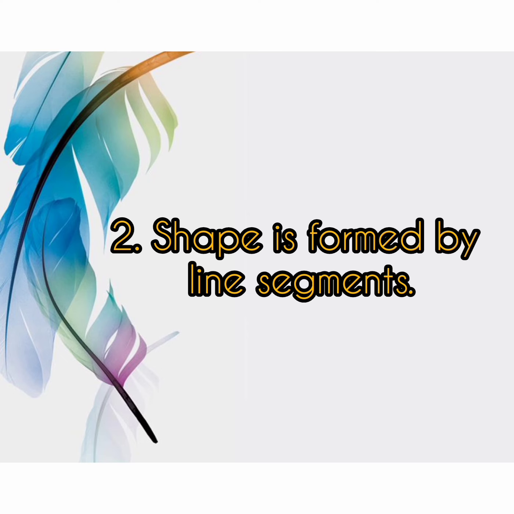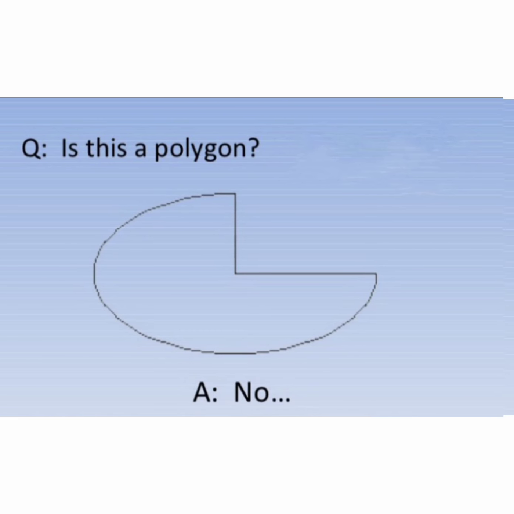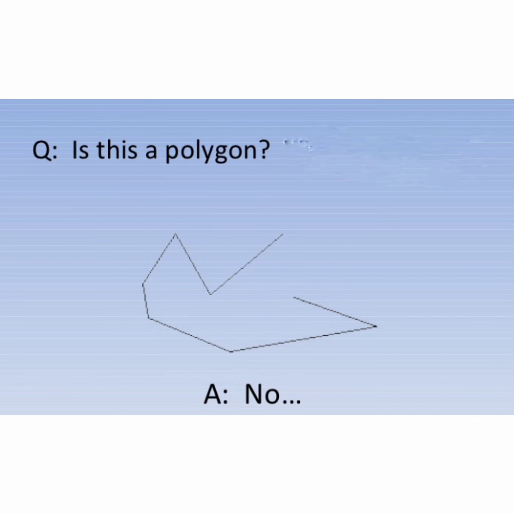Let us see some of the figures and find out whether they are polygons or not. See the given figure. Is this a polygon? The given figure is not a polygon as it has a curved path and line segments both. See another figure. This figure is not a polygon as it is not a closed figure.